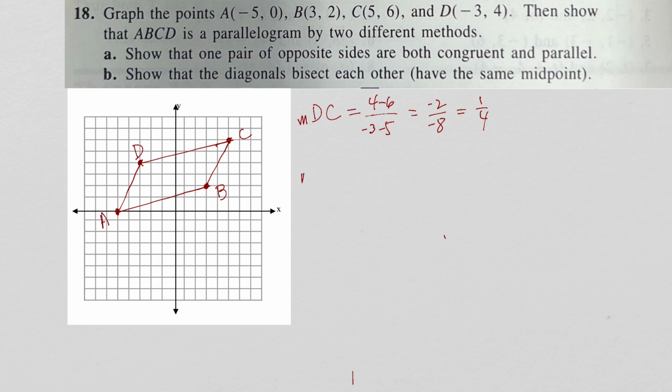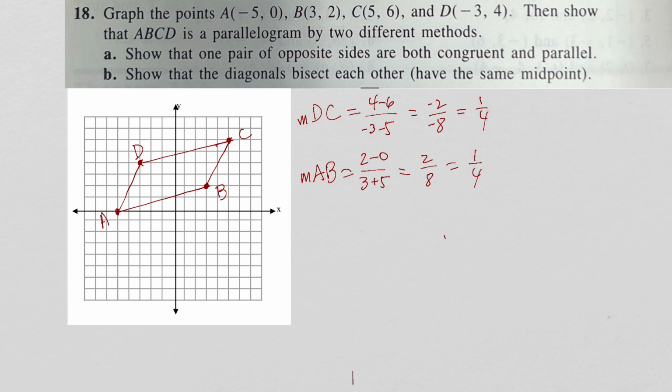The slope of AB, here's AB, 2 minus 0 on the top, and 3 minus negative 5, so plus 5 on the bottom. So this is 2 over 8, which is 1/4. Now I've shown that these are parallel.